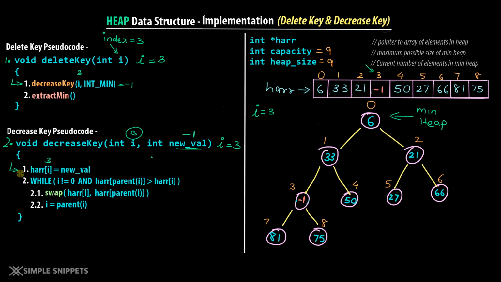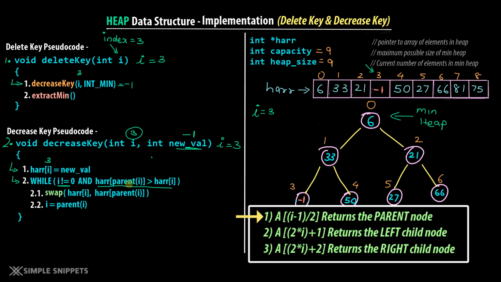Let's proceed with the second step. In the second step, we are saying if I is not equal to 0. I is right now 3, so it is not equal to 0, which means this is true. There is one more condition: h array of parent of I is greater than h array of I. Remember, parent was another function which we wrote, which basically gave us the parent of a particular index position.